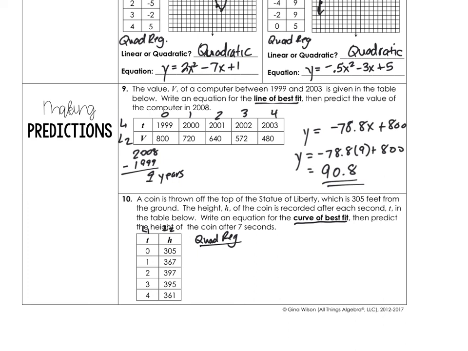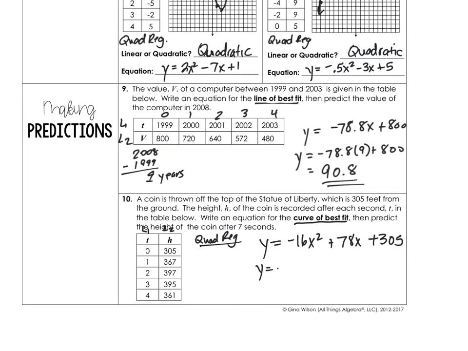Stat, calculate, quadratic regression. And you should get the equation y equals negative 16x squared plus 78x plus 305. Now it says predict the height of the coin after 7 seconds. So 7 is going to become my x value.